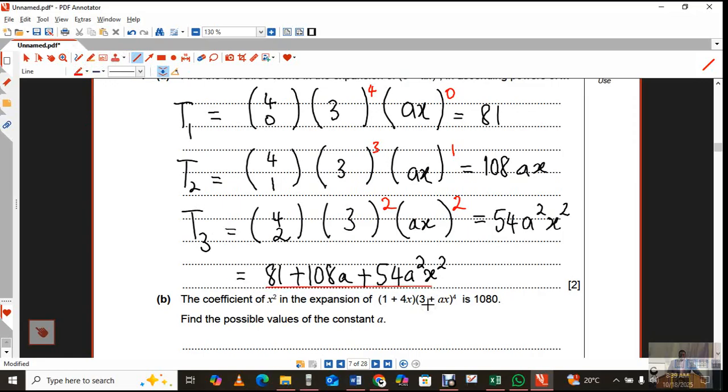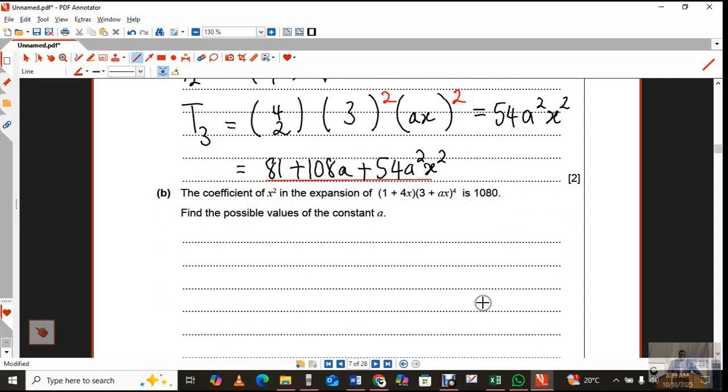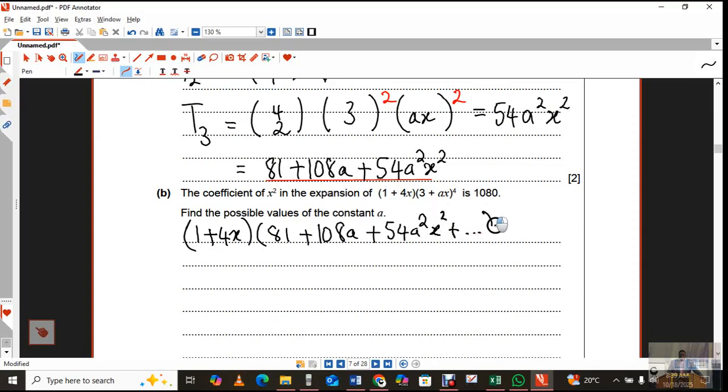Now, they are saying the coefficient of x squared in this expansion is 1080. So what I'm going to do is write (1 + 4x), and over here I'm going to write the first 3 terms that we just did in part A of our question, like so, because we are now going to look for the possible values of a.